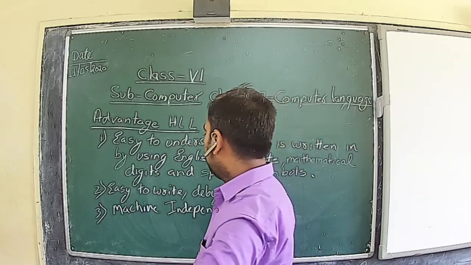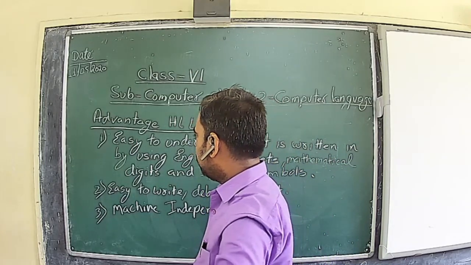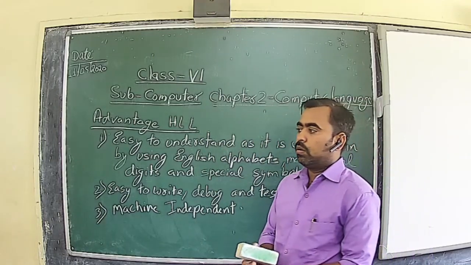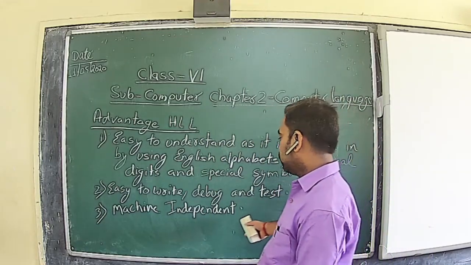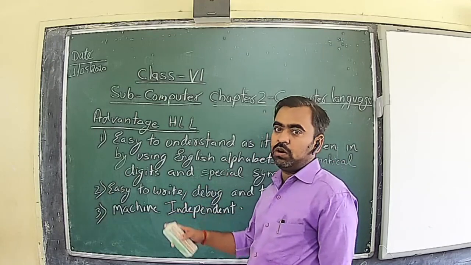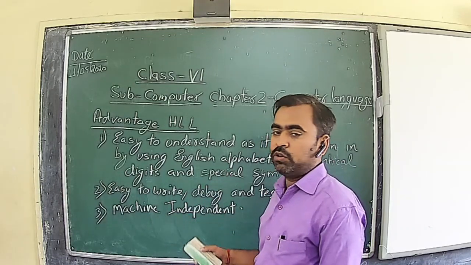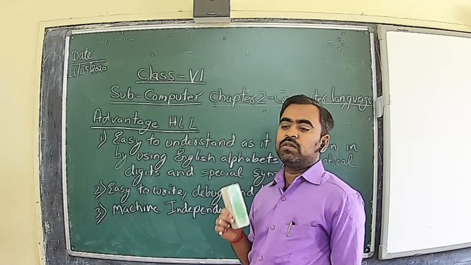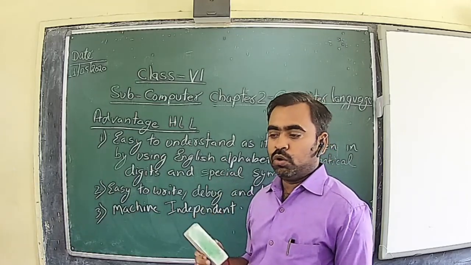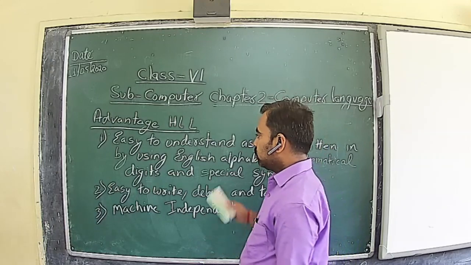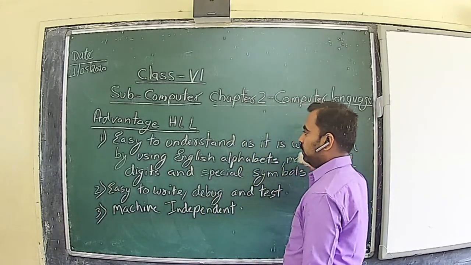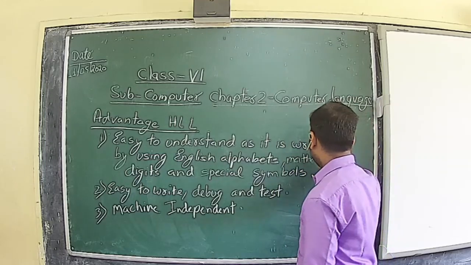That means if we write a program for one machine, it can be easily carried to another machine and run there also. We do not need to write a separate program for each system as we do in low level language. Okay, so these are the three major advantages of using the high level language over the low level languages.